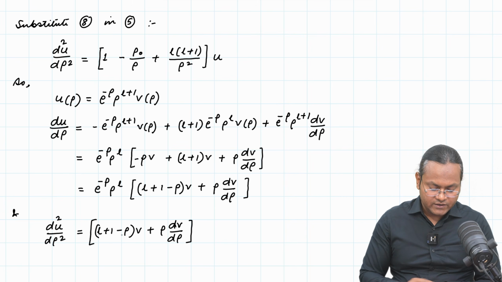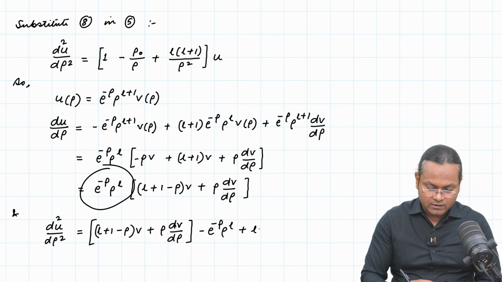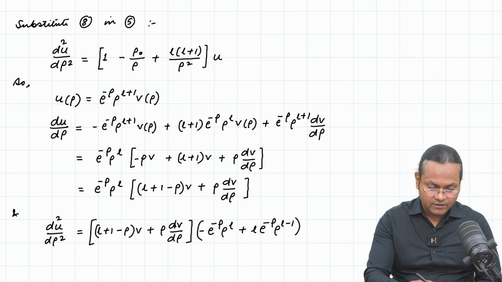And then we have derivative with respect to rho of the first part. This will give us minus e to the power minus rho, rho to the power L plus L e to the power minus rho, rho to the power L minus 1. This is the first term, okay?